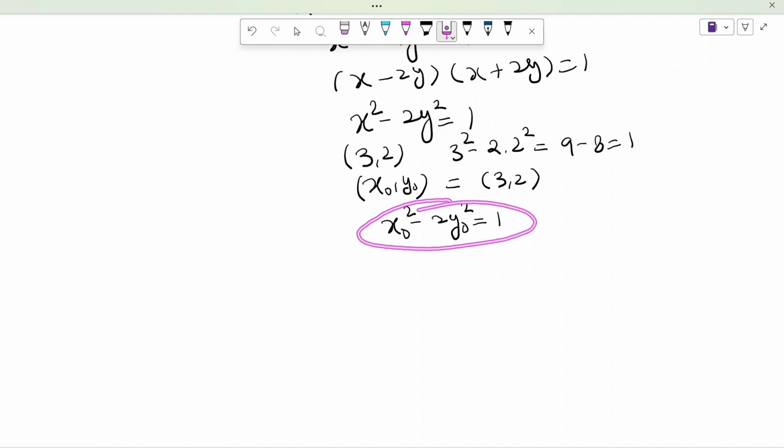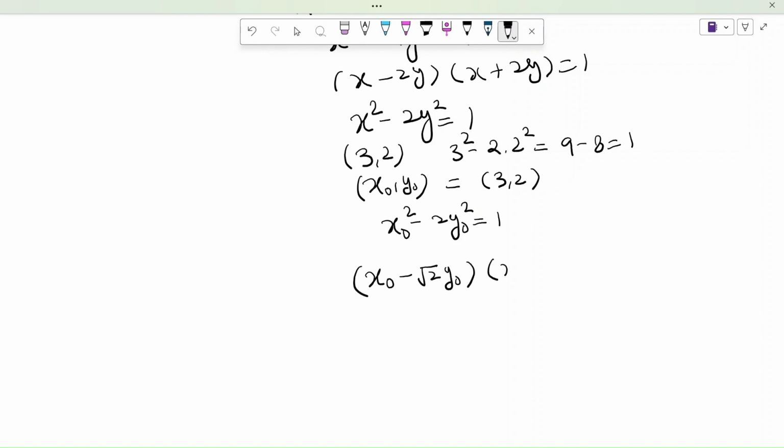For this, we have to factorize this equation: (x0 − √2 y0)(x0 + √2 y0) = 1. Now you see the right side is 1. So any power of 1 is always 1. Using this property, we can produce many solutions. Let's square both sides.